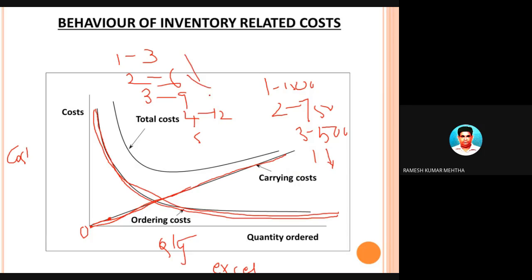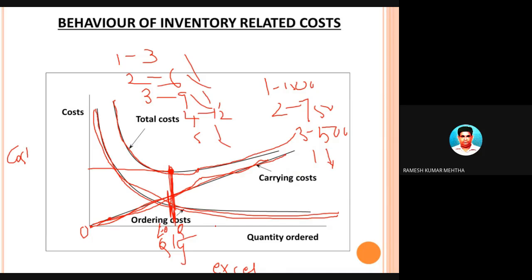So it is increasing. This is the increasing carrying cost, and then I am doing the total cost. So total cost will first slowly decline like this, and then it will shoot up. So this is the point which gives you how much is the order you have to place. This is the economic order quantity.